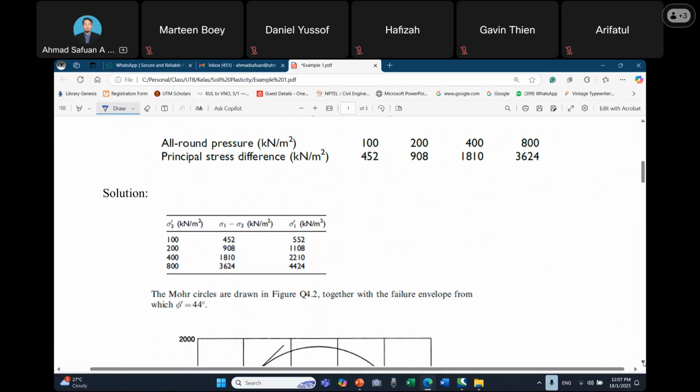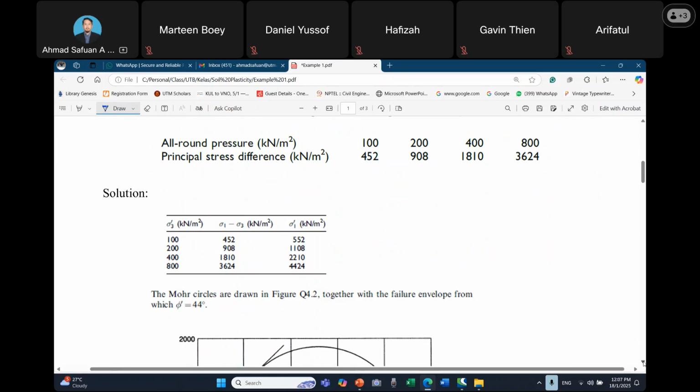The principal stress difference, sigma 1 minus sigma 3, is 452, 908, 1810, and 3624. Later, the sigma 1 and sigma 3 values will be used to construct the Mohr circles.